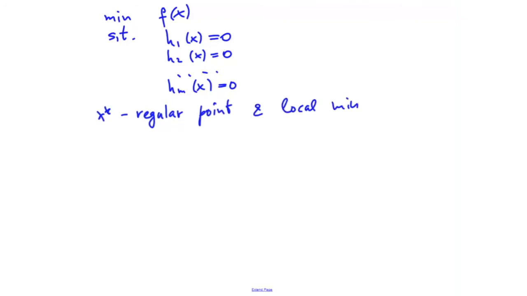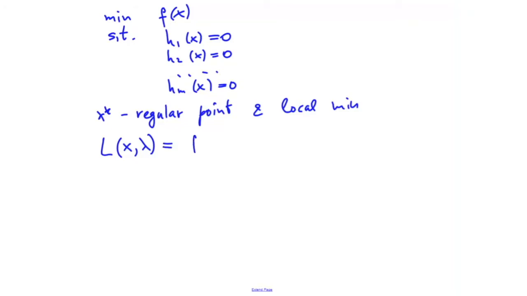We can try to reduce our problem to an unconstrained minimization problem by moving the constraints into the objective with a certain penalty. Let me denote the new objective that includes these penalties by L of x, lambda. So lambda will be the penalty coefficients, and the objective will be as follows.